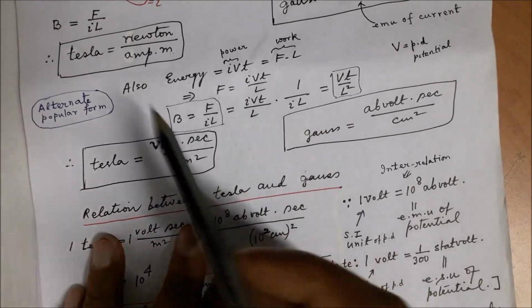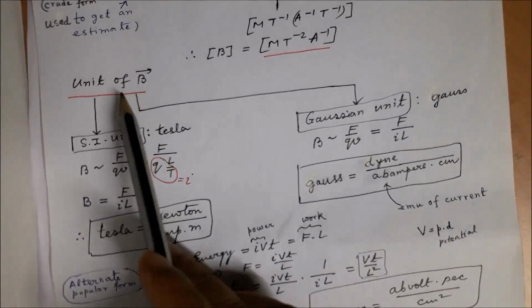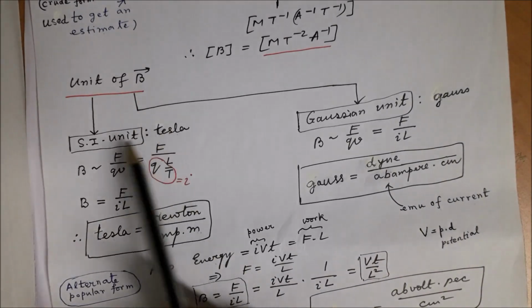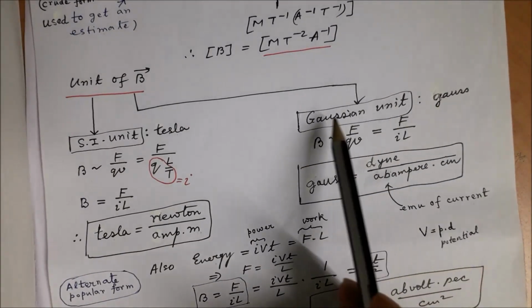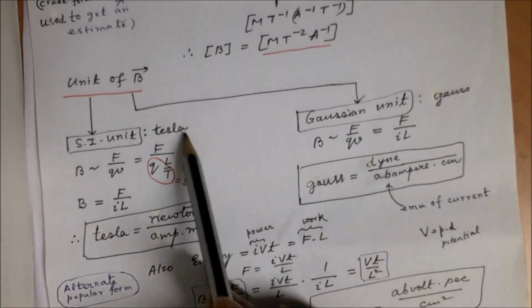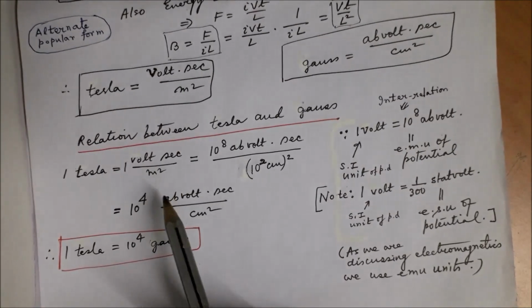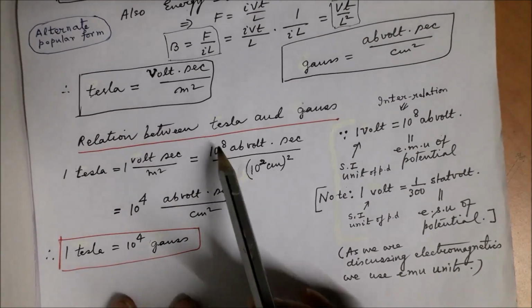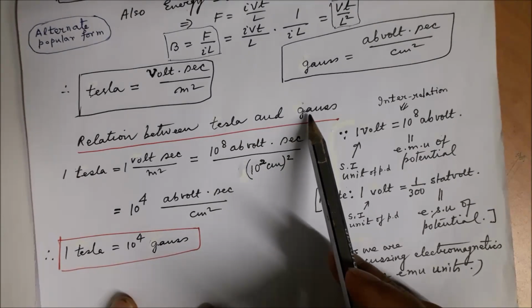So the unit of B is Tesla in the SI system and Gauss in the Gaussian system, and they must be related. So now let us try to obtain the relation between Tesla and Gauss.